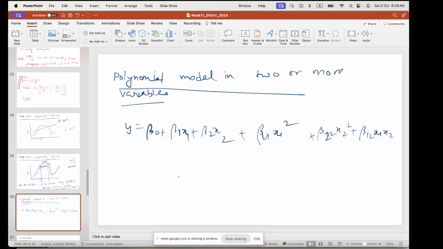Then beta 12 is my interaction effect parameter, and we call this equation the response surface.